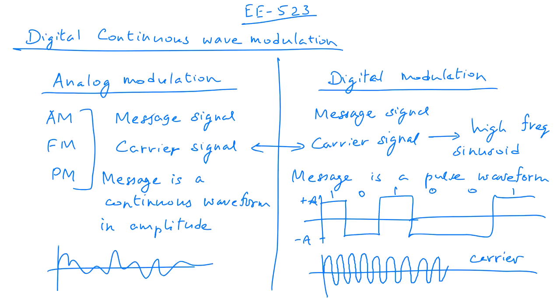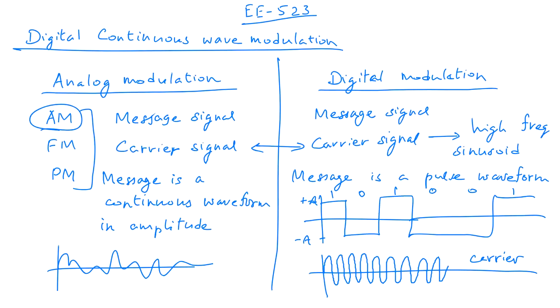Today we are going to discuss the digital equivalent of amplitude modulation. In analog modulation you have AM, and we will see its digital equivalent. We will also see how to do digital modulation with M-ary transmission.